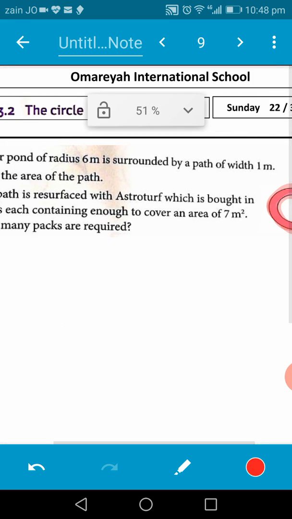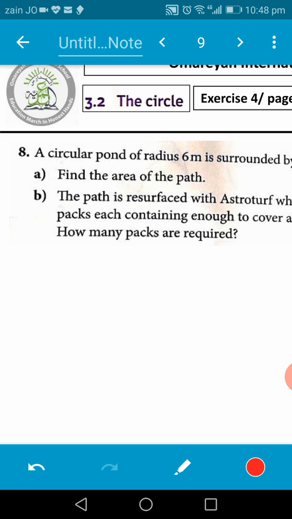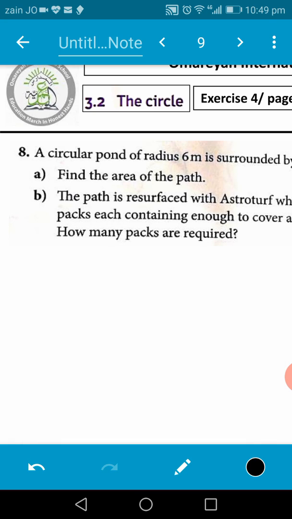Now in part A we found the area, right? The area is 40.84. Now the question is how many packs are required, right?